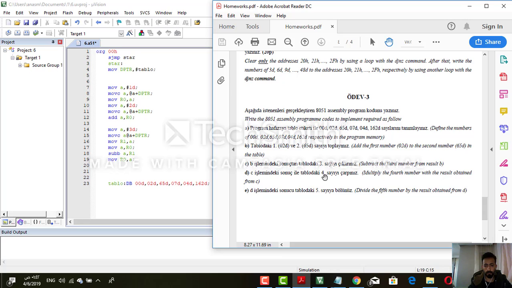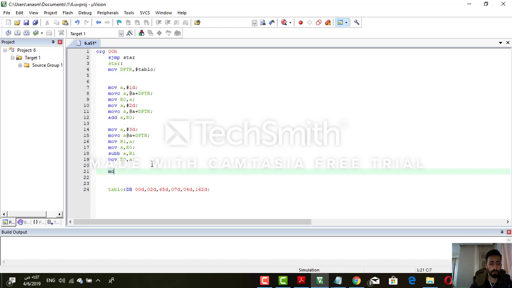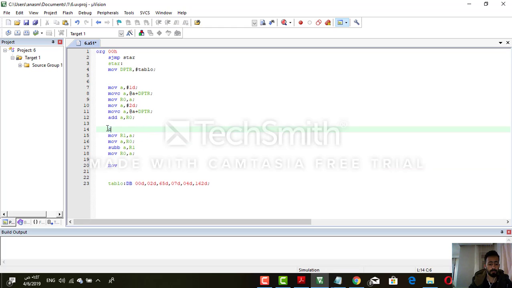Multiply the fourth number with the result obtained from C. So first we will define the fourth number, move as we do before. Okay.